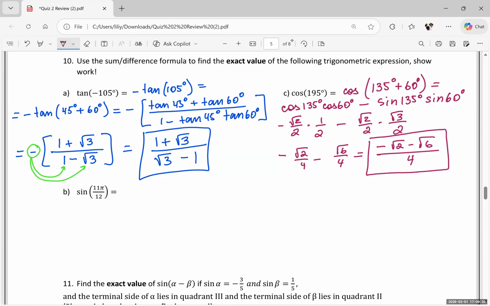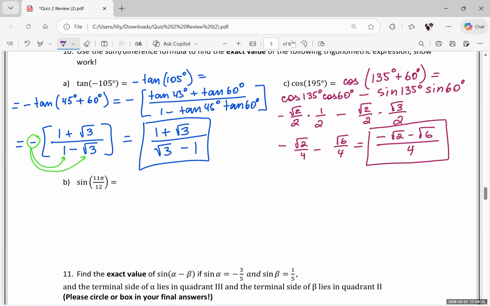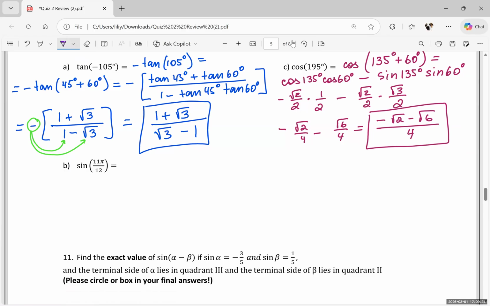Okay, part B would be in radians instead of degrees. So sine of 11 pi over 12. There's multiple possibilities. I'm just gonna go with the one that we didn't have in the notes. So we'll do sine of 11 pi over 12 is the same as sine of pi over 4 plus 2 pi over 3.